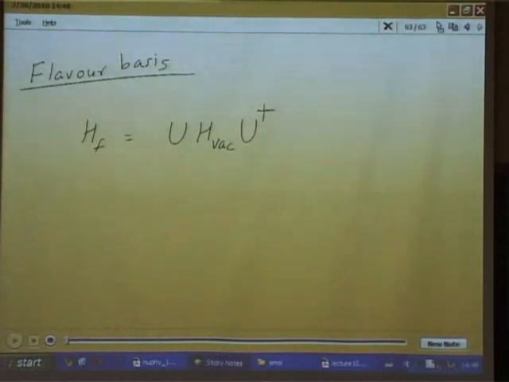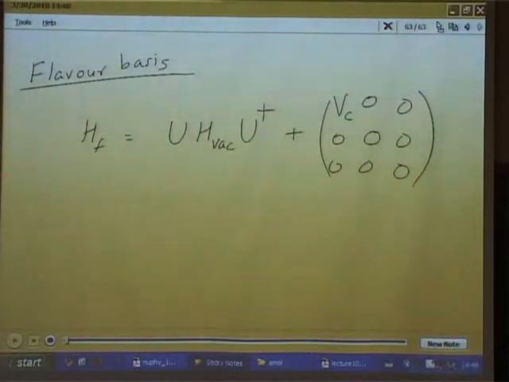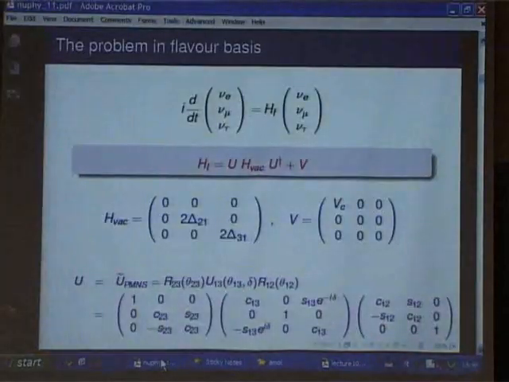And the matter potential we know essentially looks like V charged current for the electron and 0 elements. This part we just call the potential. Exactly what we had done in the case of two-neutrino oscillations.